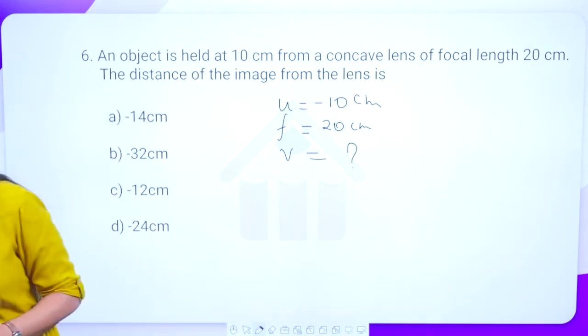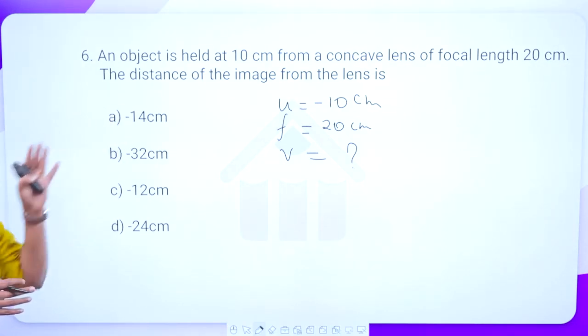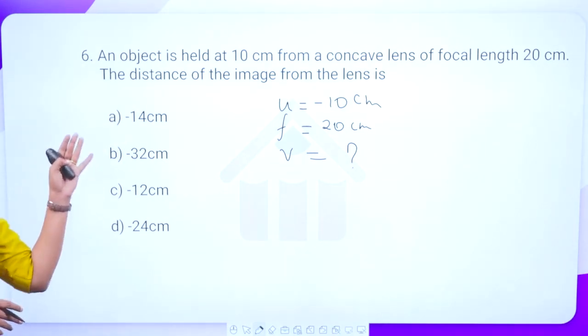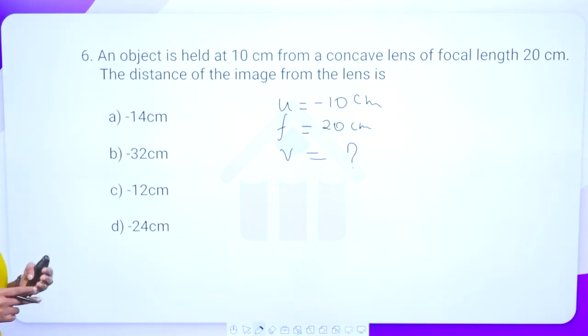See to it that you have taken a concave lens. So, we know that u is already minus, and for a concave lens, f will also be a minus value. Substituting that, you will get the value. So, tell me what will be v.